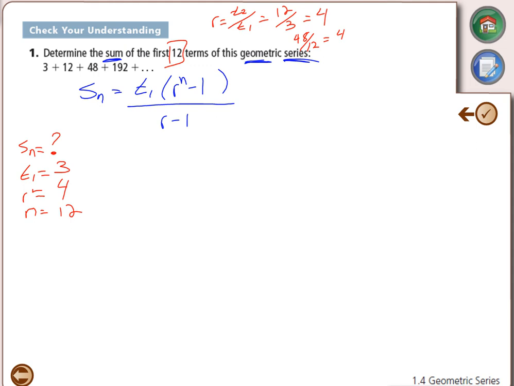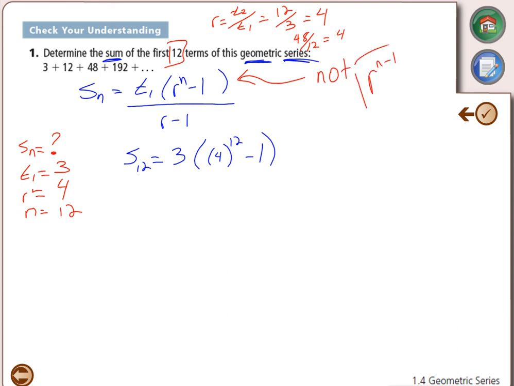Plug her in, let's work it through. So S12, sum of the first 12, is equal to 3 times 4 to the 12 minus 1. Careful with that. That minus 1 is not in the exponent. It is 4 to the 12, minus 1. So let's do this.